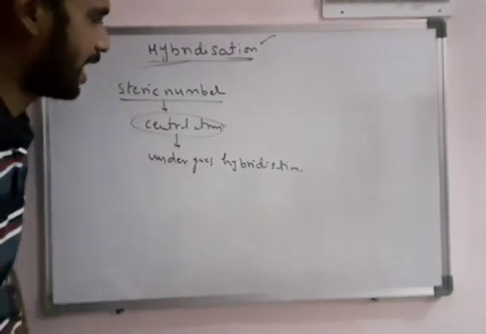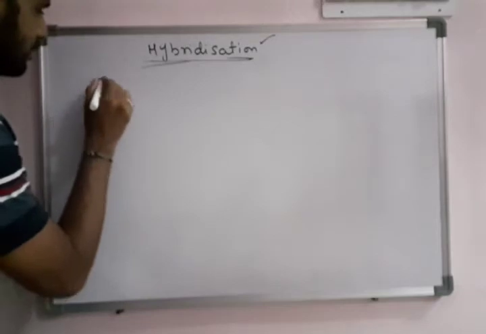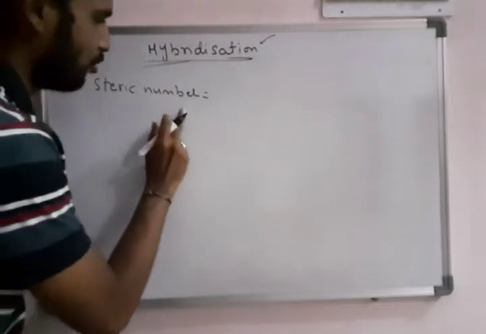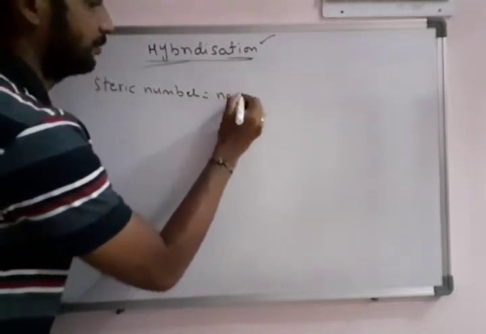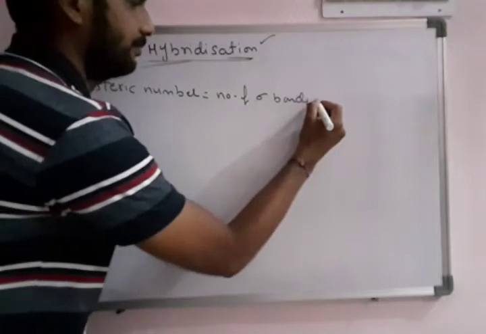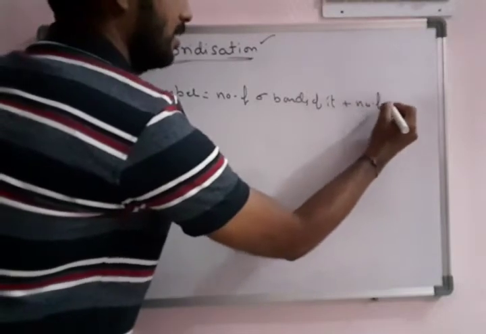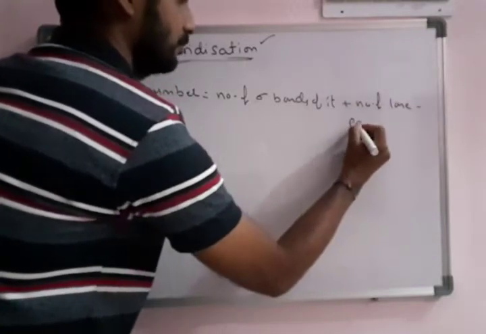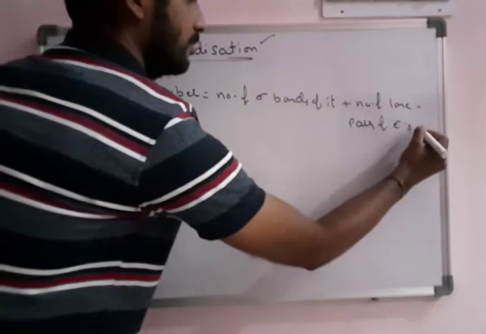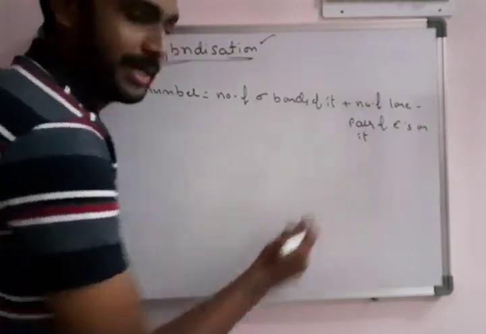So what is meant by steric number? The steric number of a central atom in a molecule is the number of sigma bonds on it, plus the number of lone pairs of electrons on it.